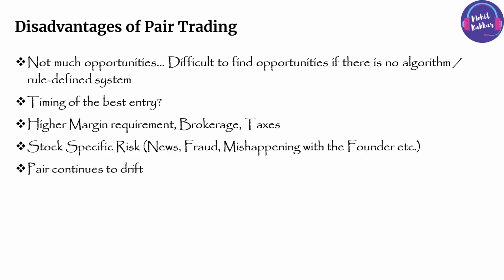There is continuous disengagement between the two markets. I know for a fact that for a couple of weeks or months it will happen. Ultimately, they will converge. Either the US market will come up, or our market will fall down and meet the US market. But you don't know till when the pair will continue to drift away. So that is another disadvantage.